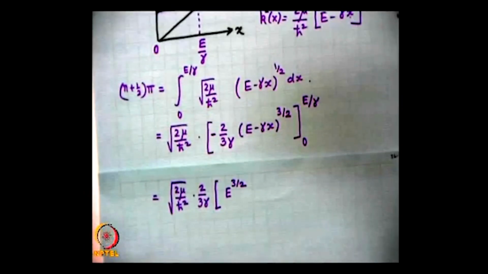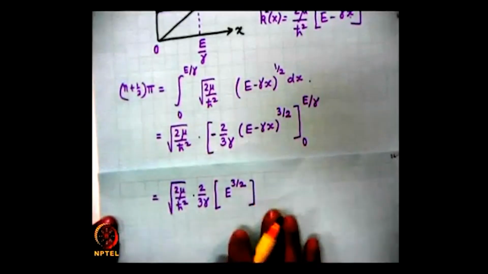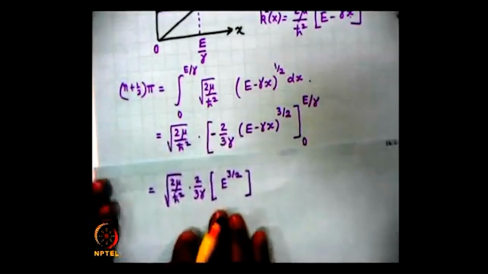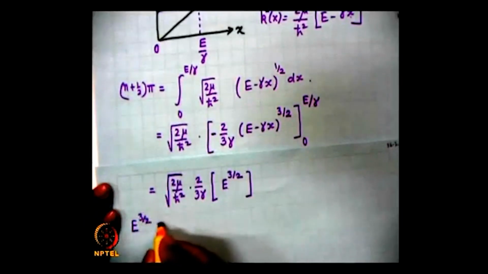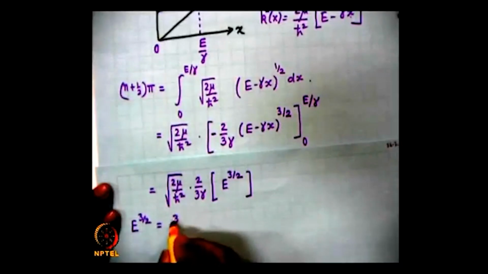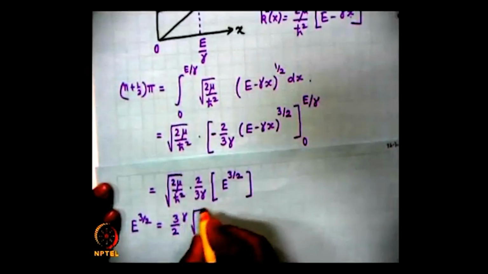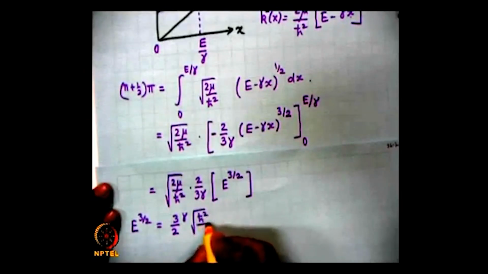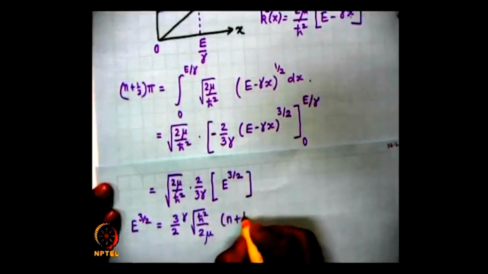So this comes out to be E to the power of 3 by 2, and therefore you will get E to the power of 3 by 2 is equal to 3 by 2 gamma h cross square by 2 mu, n plus half pi.